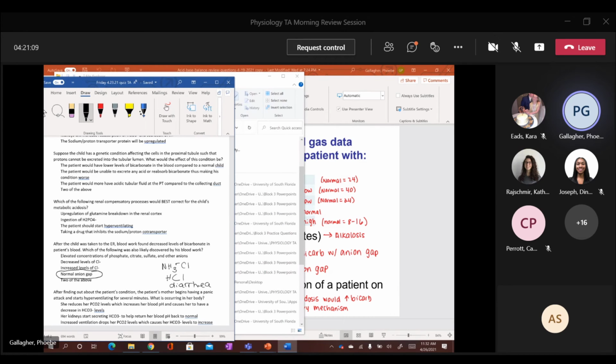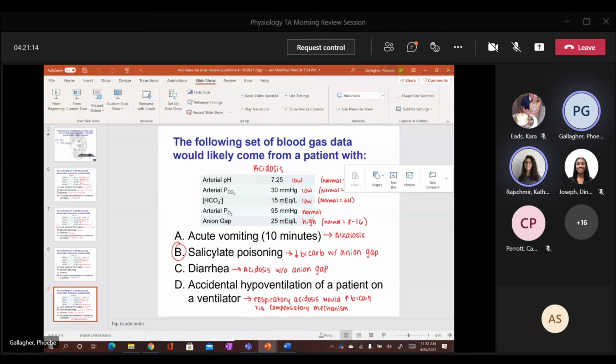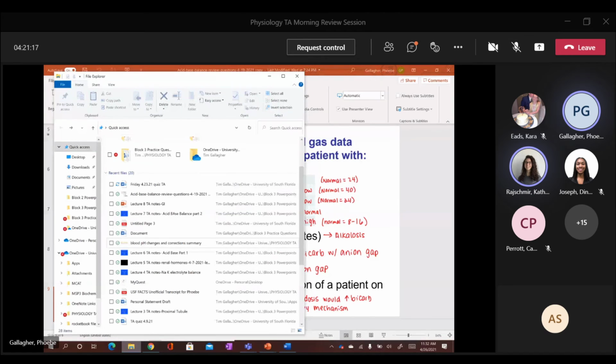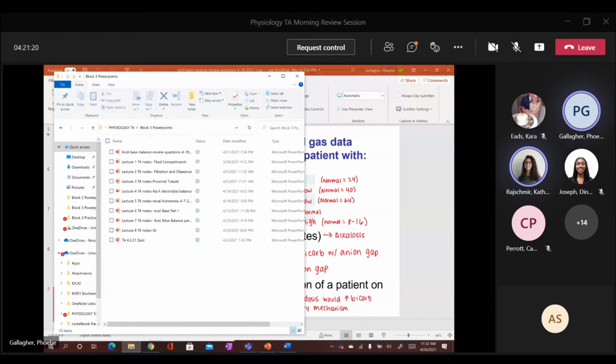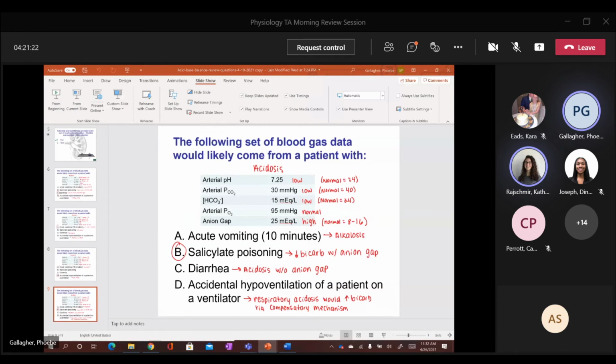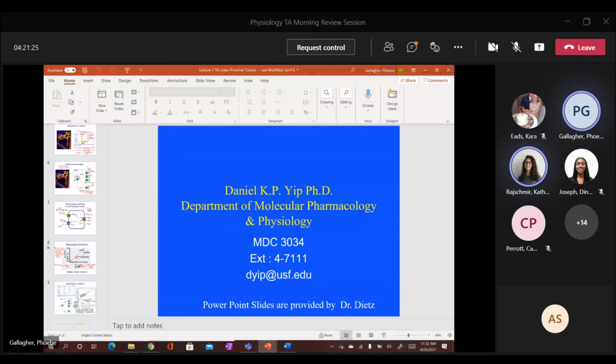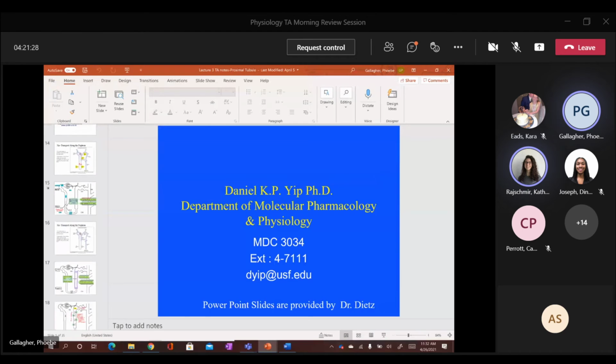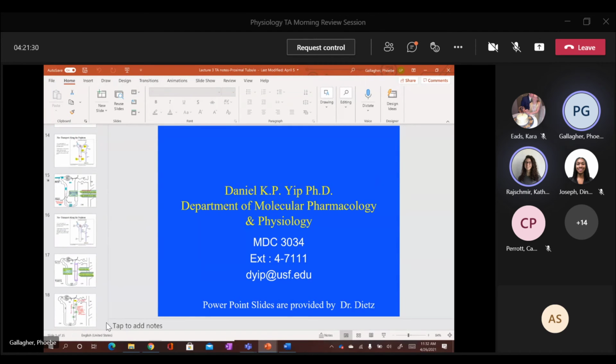Hey, Phoebe. I had a question, but it's way back in lecture 3, where you have in your notes about the thin descending and ascending limbs, and so you have increased osmolarity or osmolality, and I wasn't sure if there was a difference when you're talking about this. Oh yeah, I think they're interchangeable because it's just a different way of measuring the same thing. One is moles per kilogram and the other is moles per liter. So it's the same thing when you're talking about molarity versus molality, at least for our purposes.